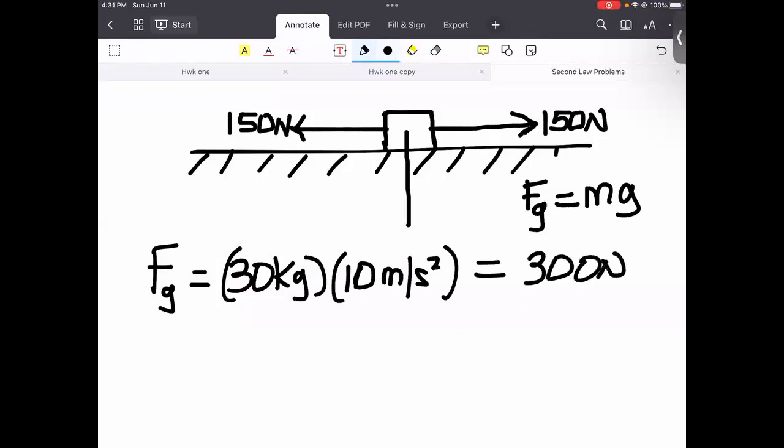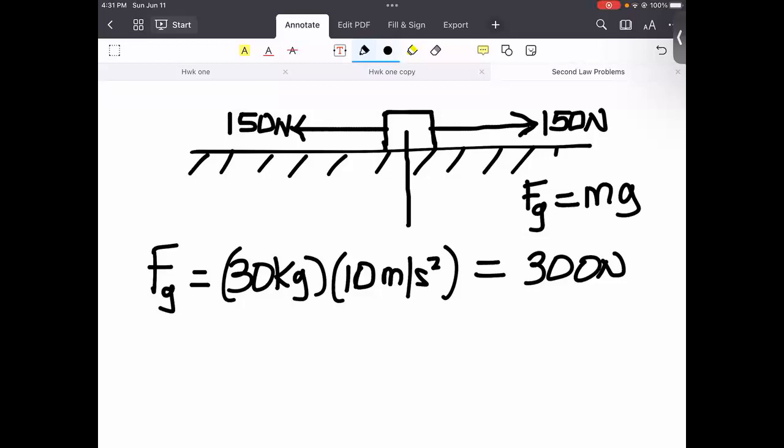300 newtons. All right, so I need to indicate the force of 300 newtons on the force diagram. And as you can see, this force has to be larger than the 150. So what I'm going to do here is to make the pushing force with a smaller arrow.